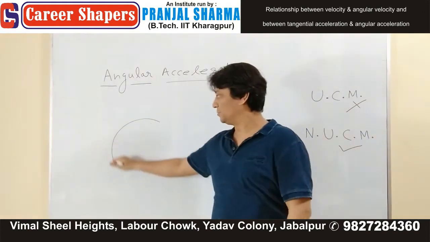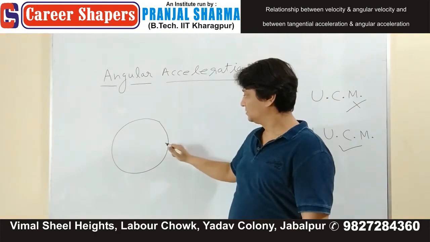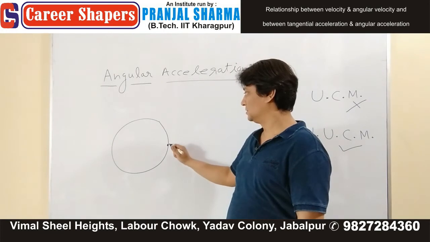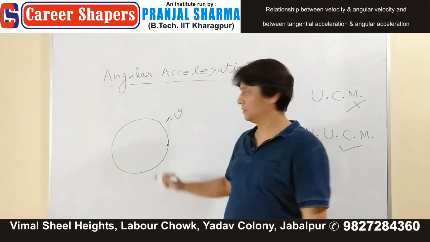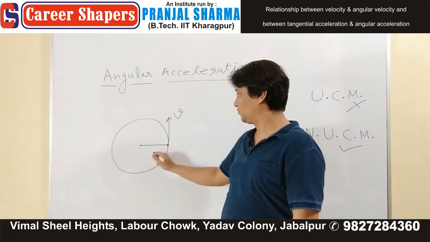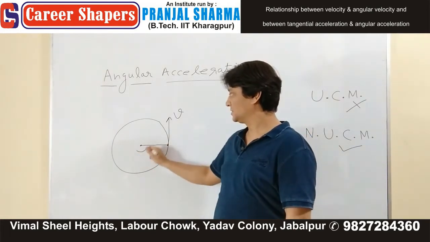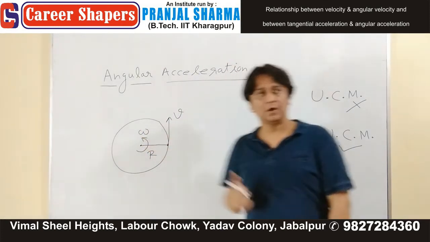So we have an object, and this object is moving tangentially with V in a circle of radius r. It has certain angular velocity omega.